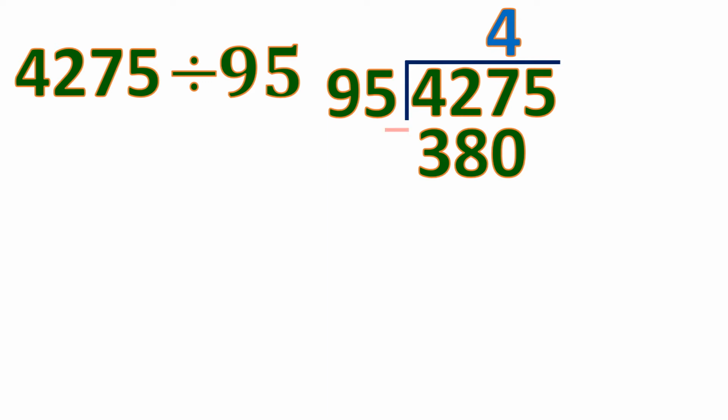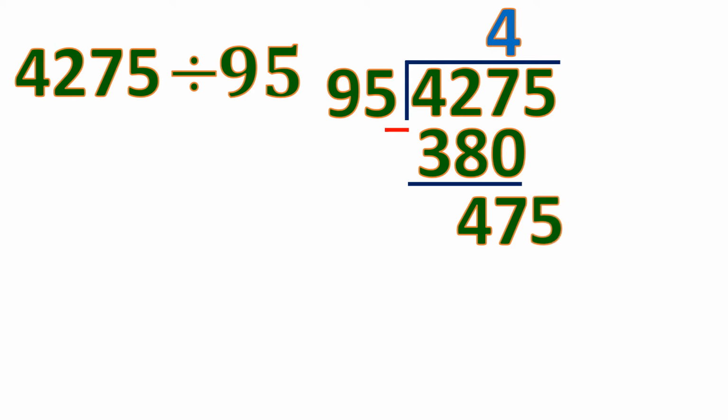Then subtract, and so you will get 47. So 7 minus 0 is 7, and 4, borrow 4, it becomes 12 minus 8, so 4.